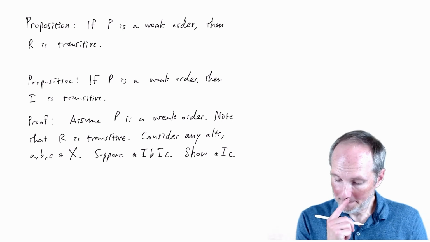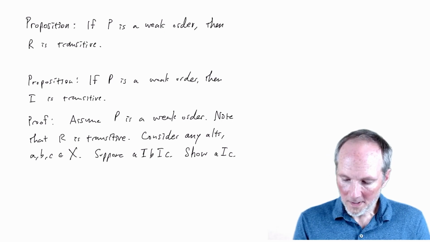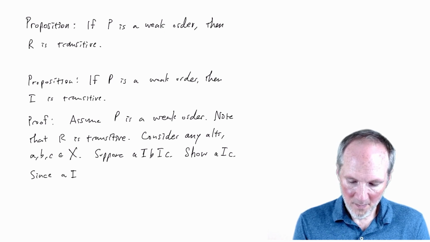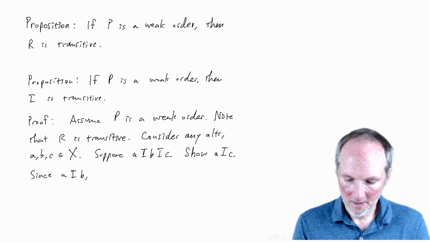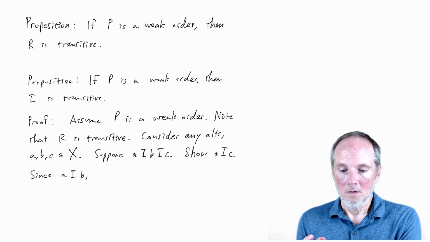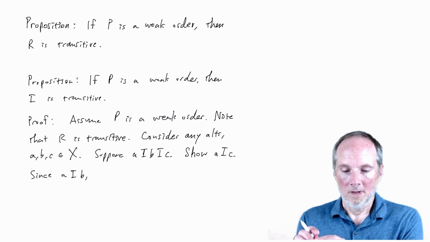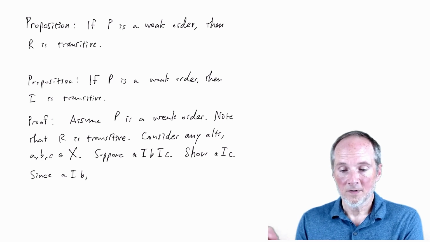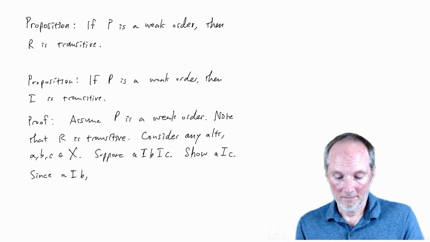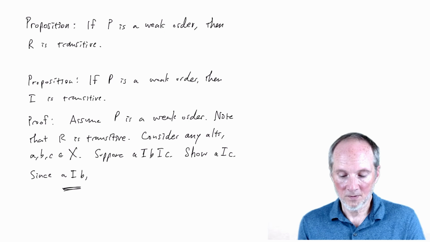All right. Well, since A and B are equally good, remember that an alternative is weakly preferred to another if and only if either it's strictly preferred or indifferent. Here's a case where these two alternatives are indifferent.